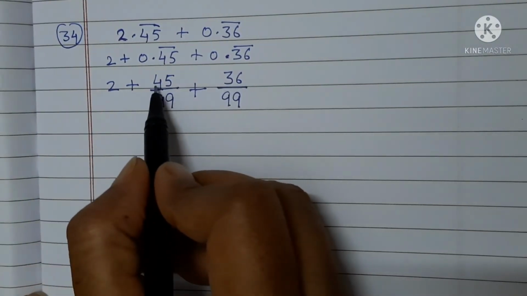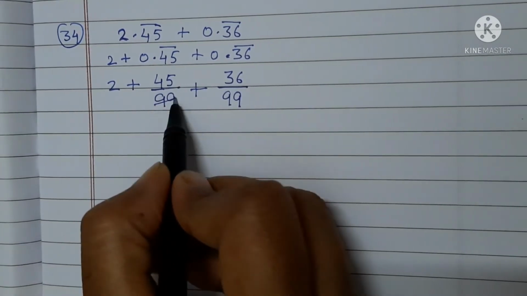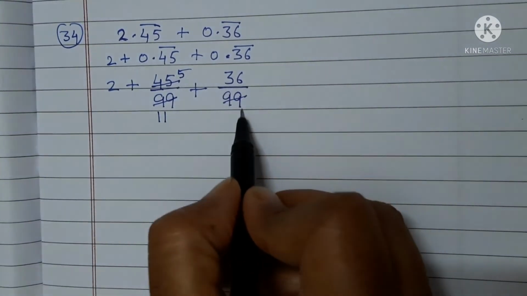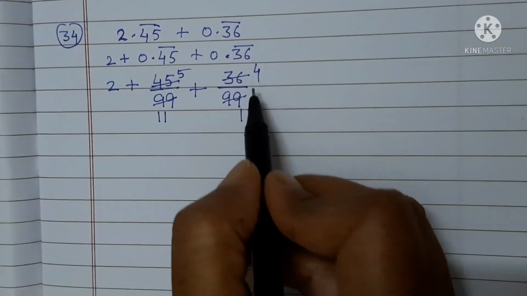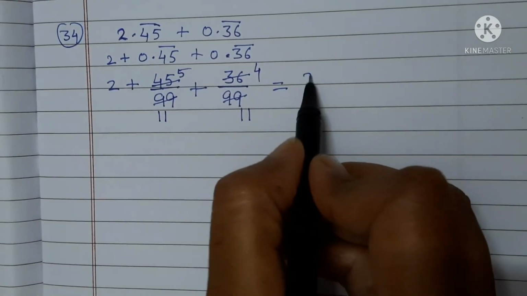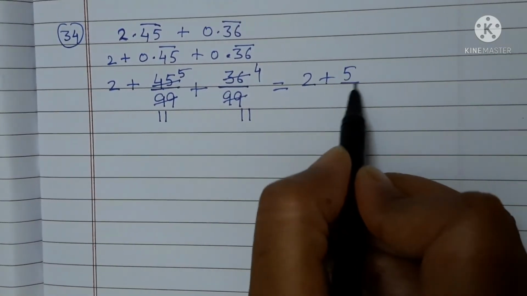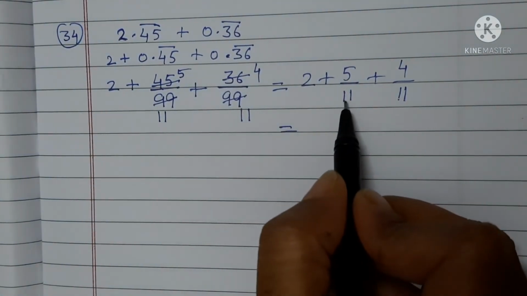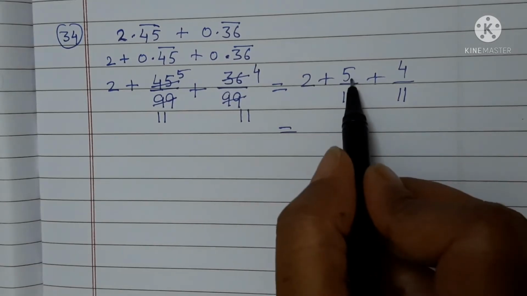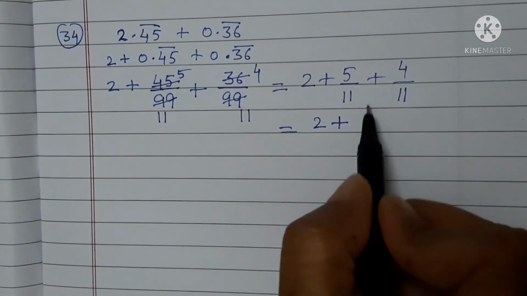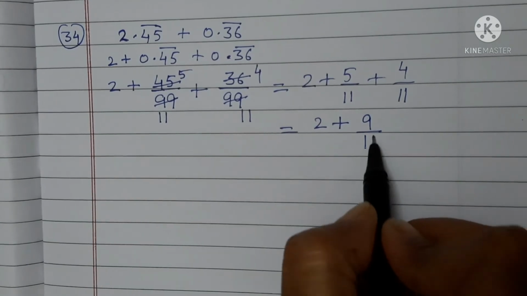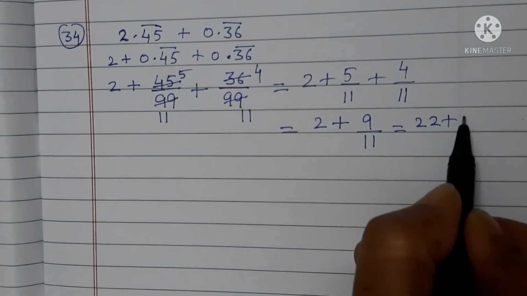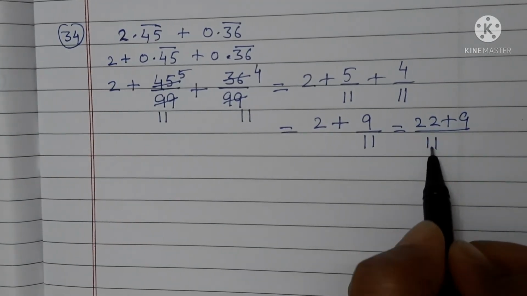Now solve it. 9 1 the 9, 9 5 the 45, so 5 upon 11. 9 1 the 9, 9 4 the 36, so 4 upon 11. You can write it 2 plus 5 upon 11 plus 4 upon 11, and easily solve. 5 plus 4 is 9 upon 11, this becomes 11 2 the 22 plus 9 upon 11.